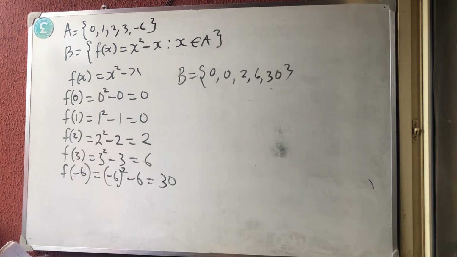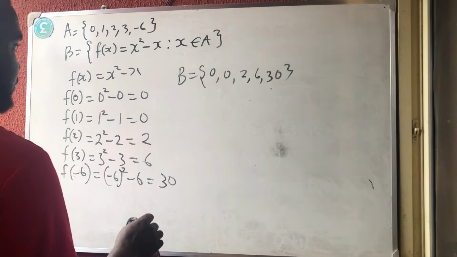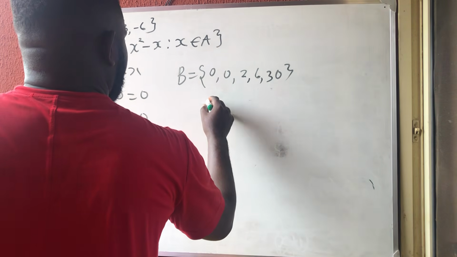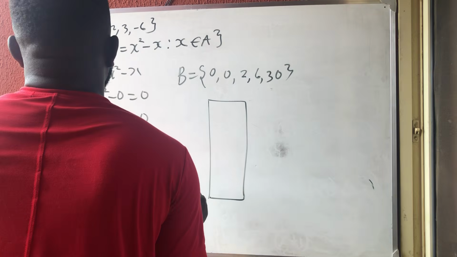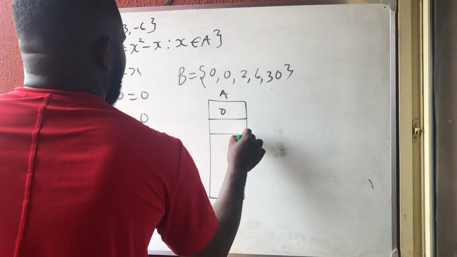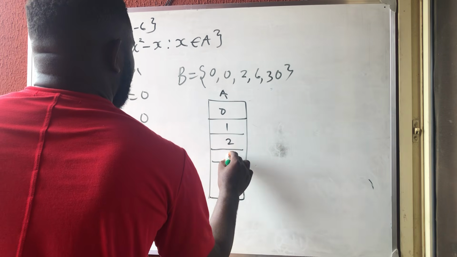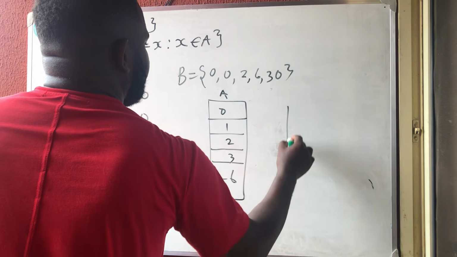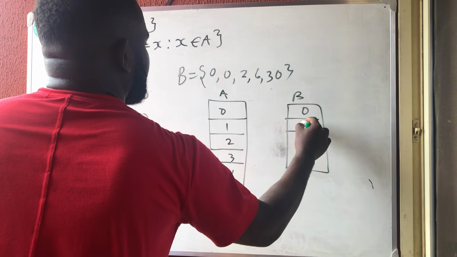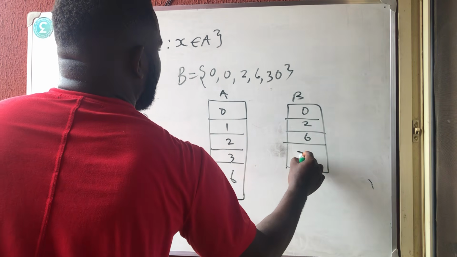So to represent it now, let us represent it. I'm having 0, 1, 2, 3, and minus 6 for A. For B, I'm having 0, 2, 6, 30.